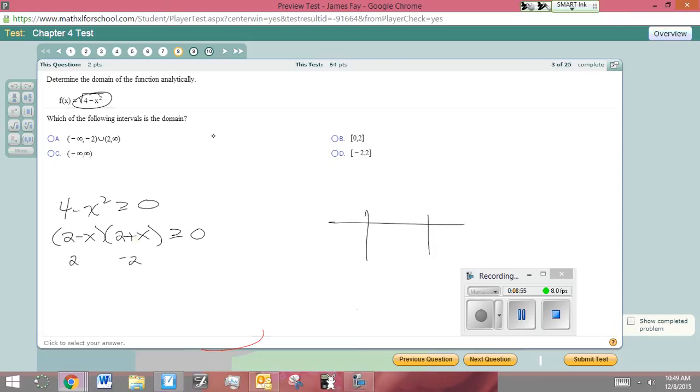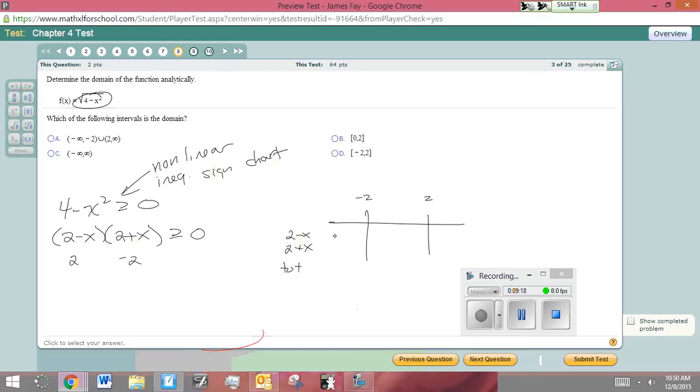I've got to try a sign chart here. Remember, whenever we have non-linear inequalities, you set up a sign chart. So I put negative 2 there, I put 2 there, I put both factors, 2 minus x and 2 plus x over here, and then my total.